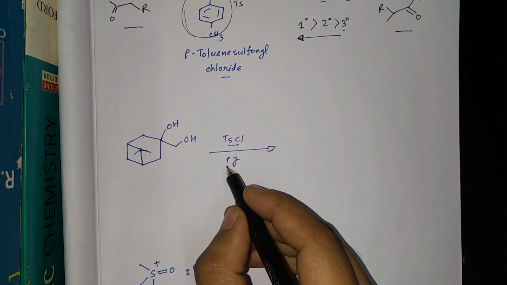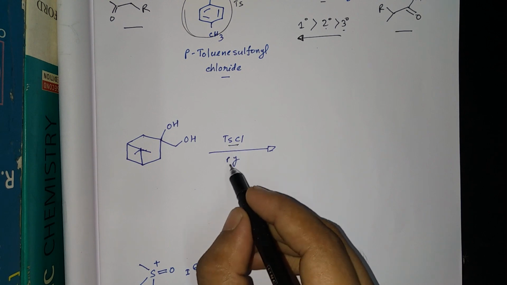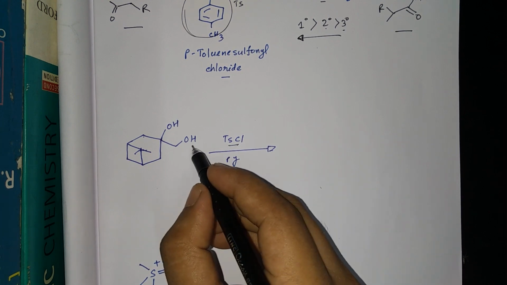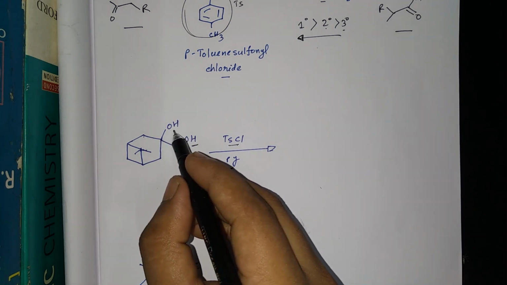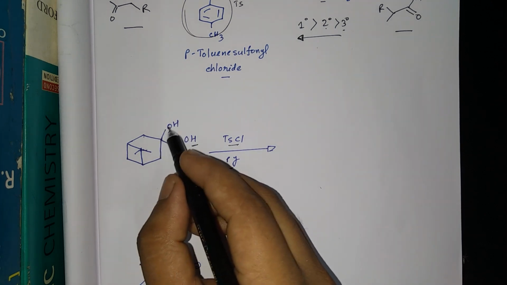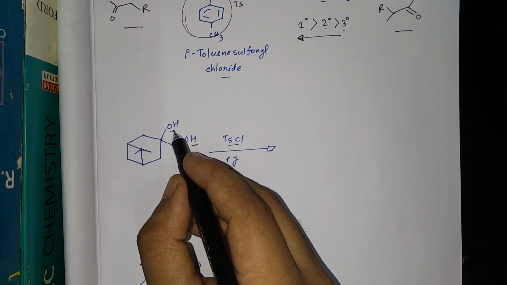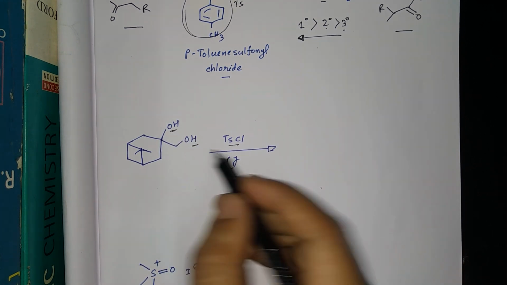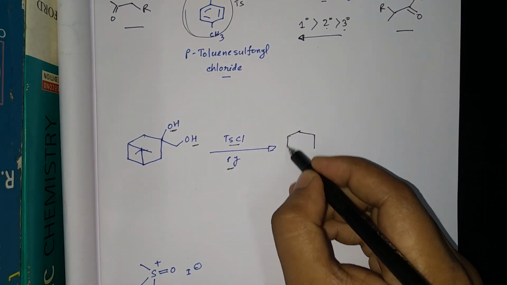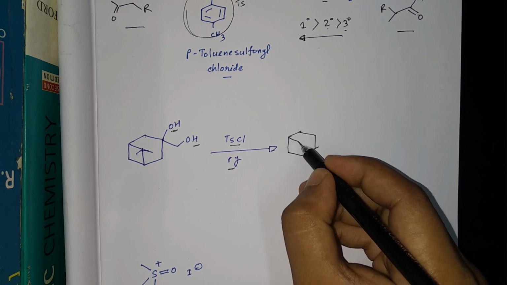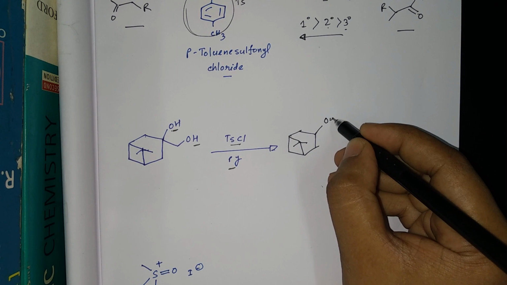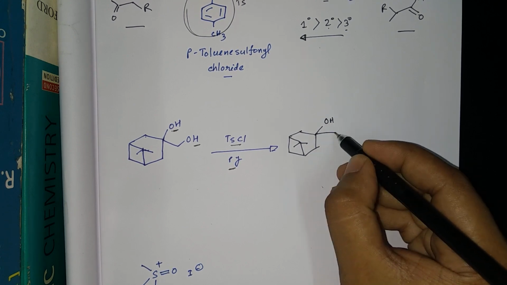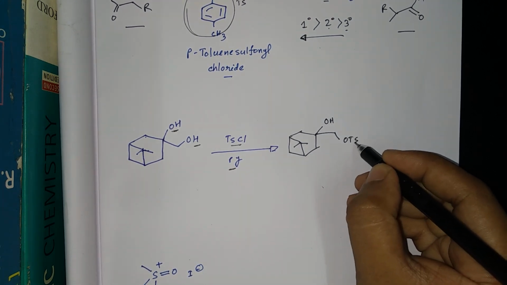For the tosylation, TsCl is given, and pyridine will abstract the proton from here. This OH will be preferably tosylated, because there is more steric crowding at the other one. So the product has OH here and OTs here.